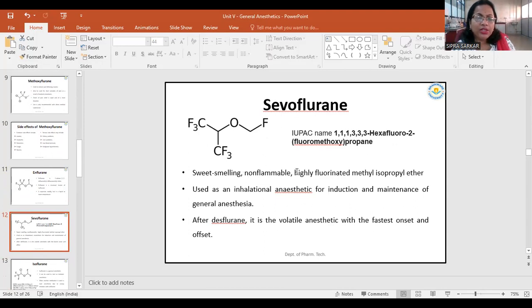It is a sweet smelling, non-inflammable, highly fluorinated methyl isopropyl ether used as an inhalation anesthetic for induction and maintenance of general anesthesia. After desflurane, it is the volatile anesthetic with the fastest onset and offset. That means the drug produces action faster and the reviving from that anesthetic, or consciousness, is also fast.